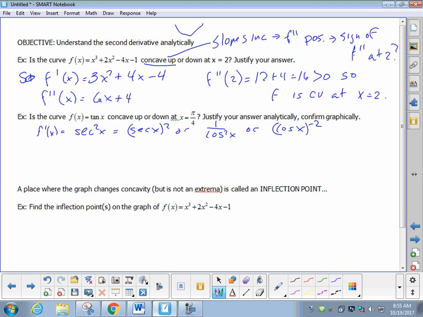All these equivalences, all these choices to make, and going on to the second derivative, make your life easy. Ask what would be easiest. If you know secant's derivative, then bust out the chain rule. But if you don't remember secant's derivative, and you just put your notes away, foolish, then I guess you should use cosine.